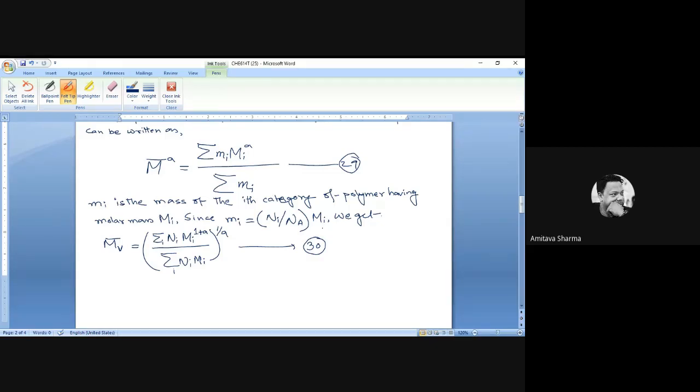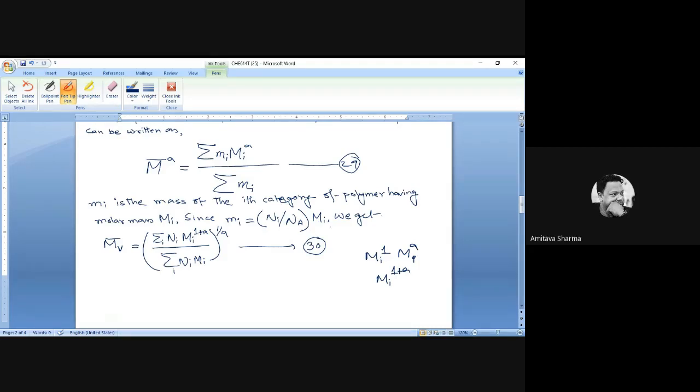So Mi has a power 1 in one term and Mi has a power a in another, so in total we get Mi to the power 1 plus a. Yes, small mi equals ni by Na into capital Mi, the molar mass of the ith component.